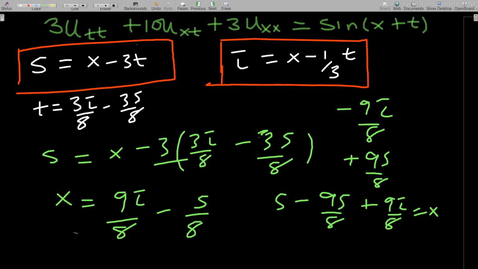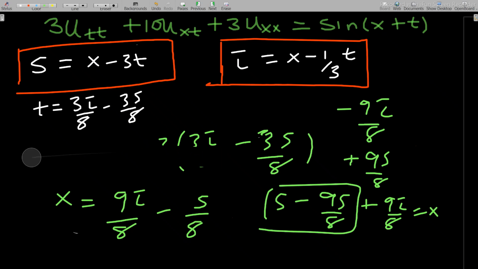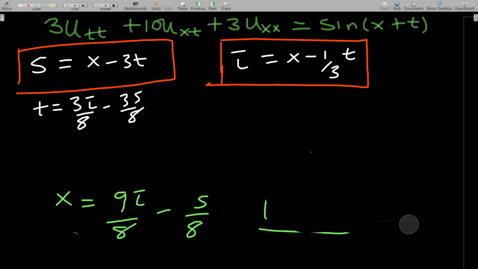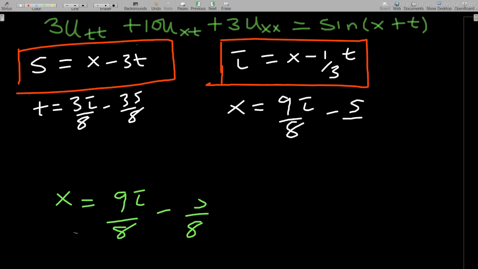So if you work through it, this here minus that will give me the minus s over 8, then it becomes 9 tau plus that. So let's write x also here, and finally write some simple stuff here. So I know that my x is also equal to 9 tau over 8 minus s over 8.